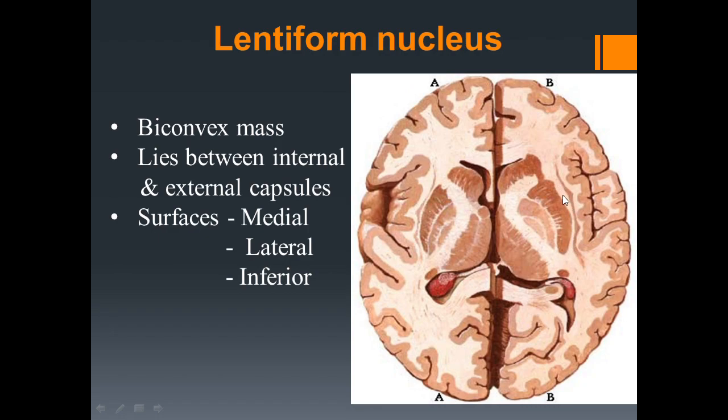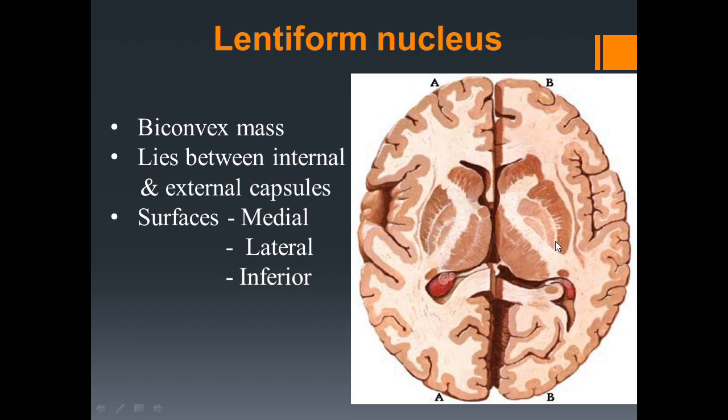Here you can see white fibers and this is called the external capsule. So this lentiform nucleus is situated between the internal capsule and external capsule. And the lentiform nucleus has three surfaces: the medial surface, lateral surface and inferior surface.